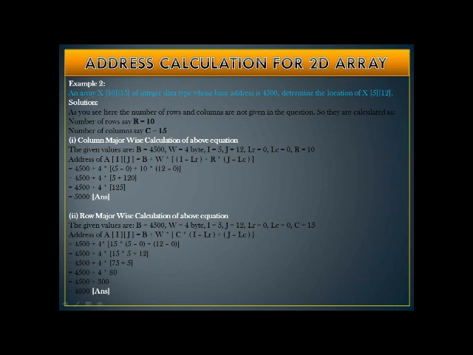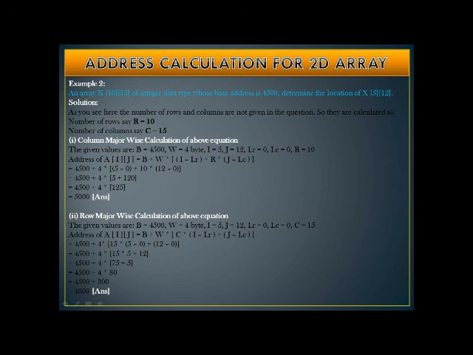Because the lower limits of rows and columns are not given, we are going to take the lower limits of rows and columns as zero. We can find the address of x[5][12], whose base address is 4500 and it takes an integer data type. Now integer data type means 4 bytes.